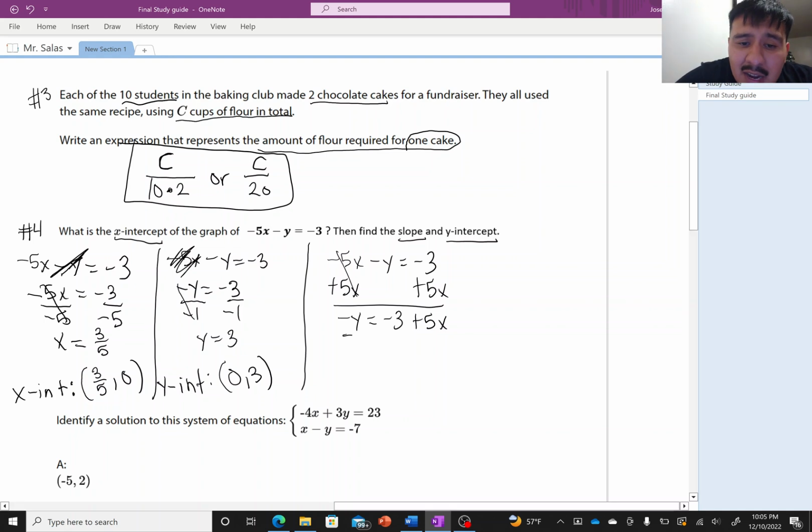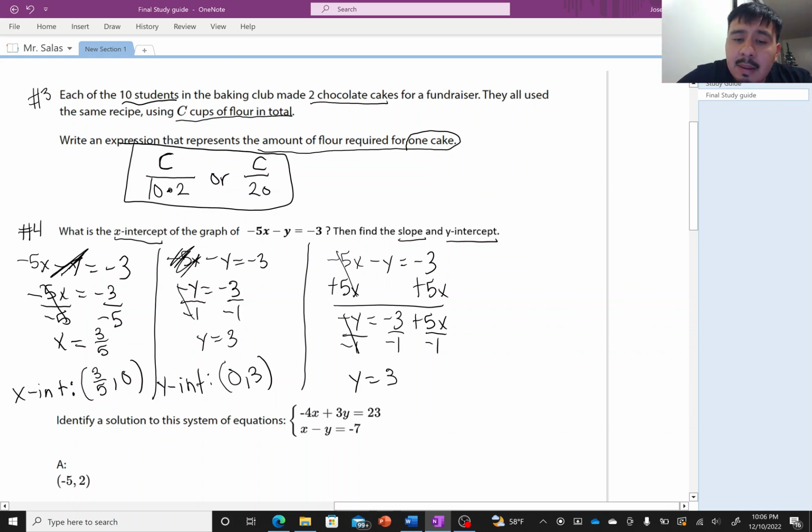I have to divide by -1. If I divide by -1, I have to divide on both sides. But there's two things on the other side, so I have to divide by -1 on everything. So we get -y divided by -1. The negatives get canceled out. I get y is equal to -3 divided by -1, that is +3.